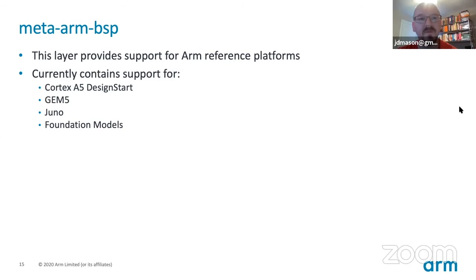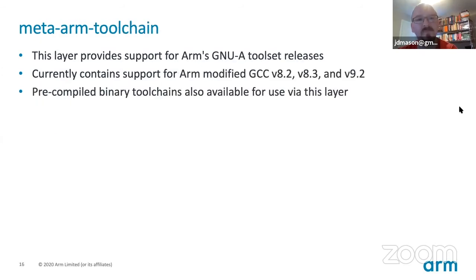And we also have some hardware platforms, and more will be added to that in the future. And then we also have Meta-Arm toolchain. So Linaro people will probably remember the ARM or the Linaro binary toolchains and software toolchains that they've been developing for years and years and years.